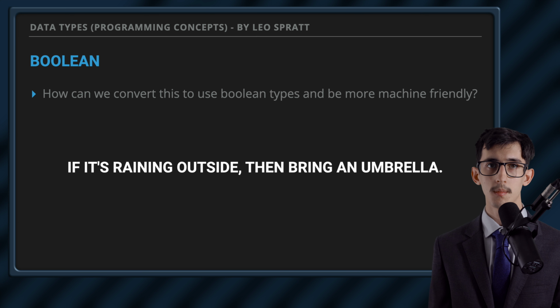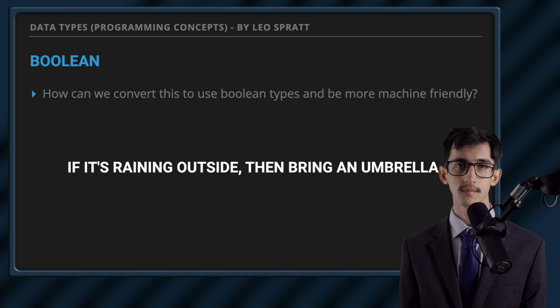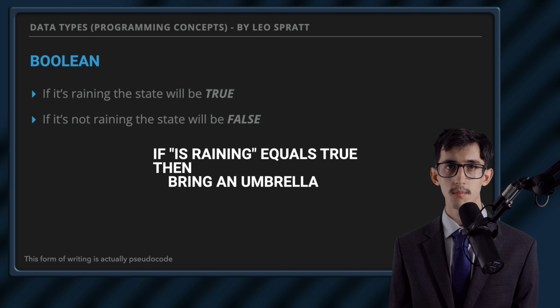Taking a look at this example, how could we convert this to use Boolean types and be more machine friendly? If it's raining outside, then bring an umbrella. Using Booleans to make this more machine friendly, we could get a result such as shown. If is raining equals true, then bring an umbrella.